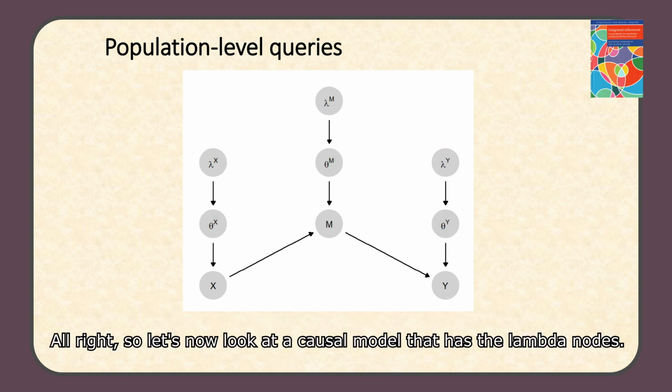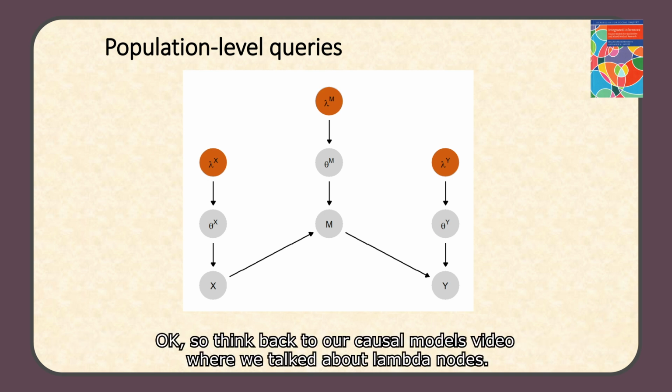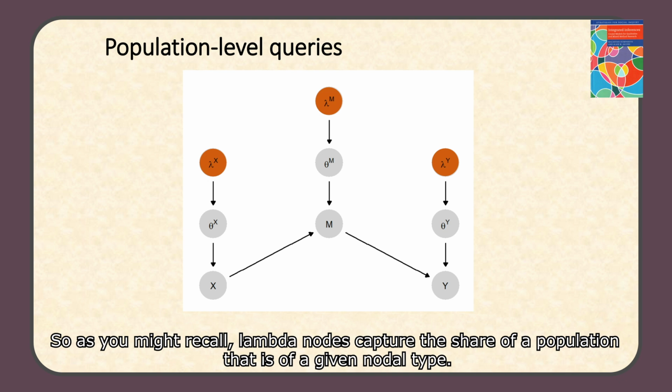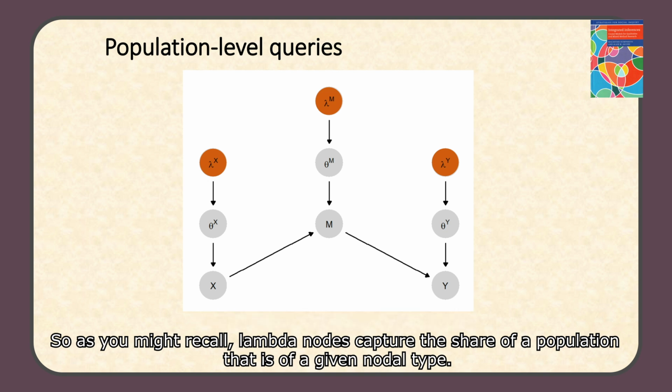All right, so let's now look at a causal model that has the lambda nodes. Okay, so think back to our causal models video where we talked about lambda nodes. As you might recall, lambda nodes capture the share of a population that is of a given nodal type.